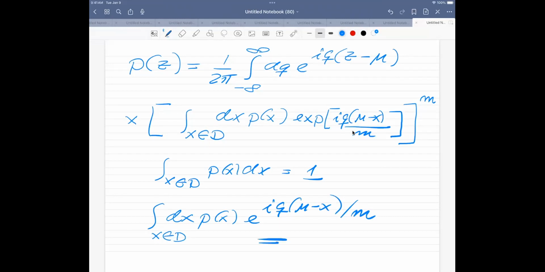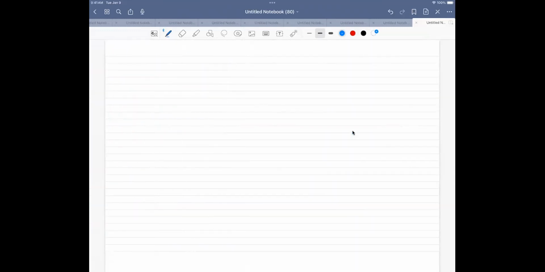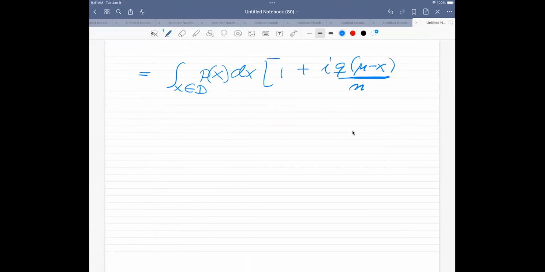We get an integral of p(x) dx times 1 plus i q times mu minus x divided by n, minus q squared times mu minus x squared divided by 2 n squared. So this is just Taylor expanding the exponential.